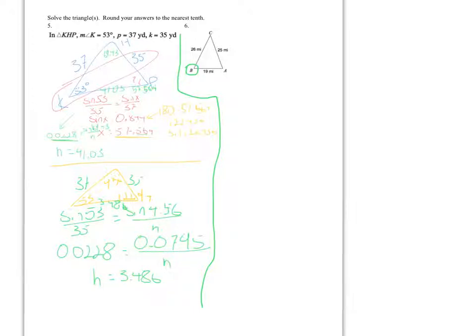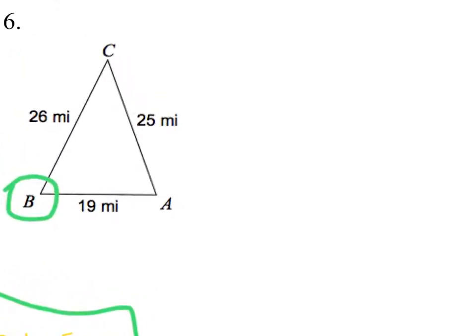I might set up the law of cosines from any angle, and again, I just arbitrarily chose B. And this becomes 25 squared. I'm going to zoom in a bunch. It seems if I write larger, this is being less fussy.